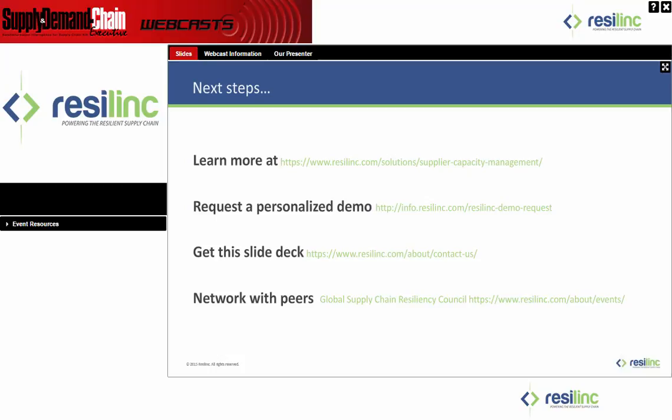We capture the demand information at a weekly level, going out 52 weeks. Okay. And how frequently is information gathered from suppliers? Typically, our customers are looking at gathering information at 6-month or 1-year intervals. We also have some customers looking at gathering information on a quarterly basis.